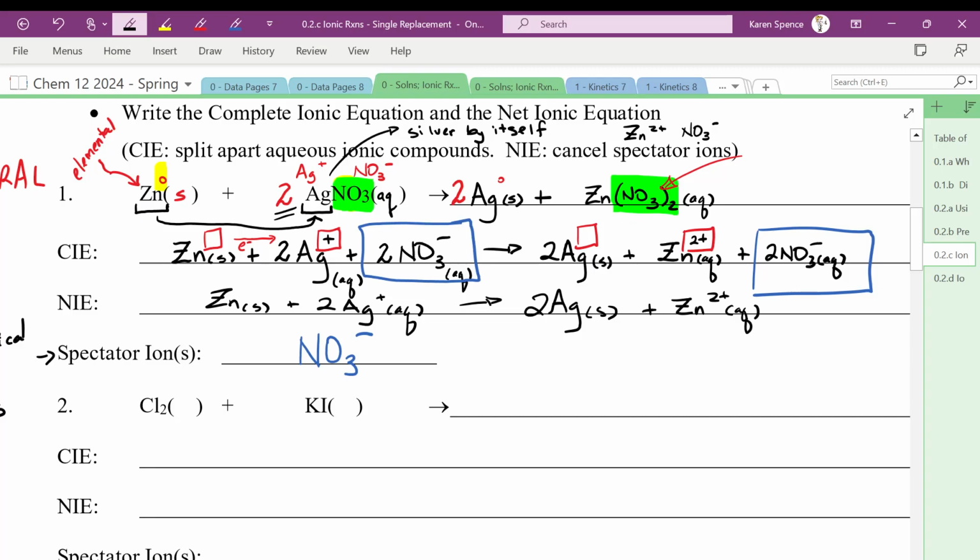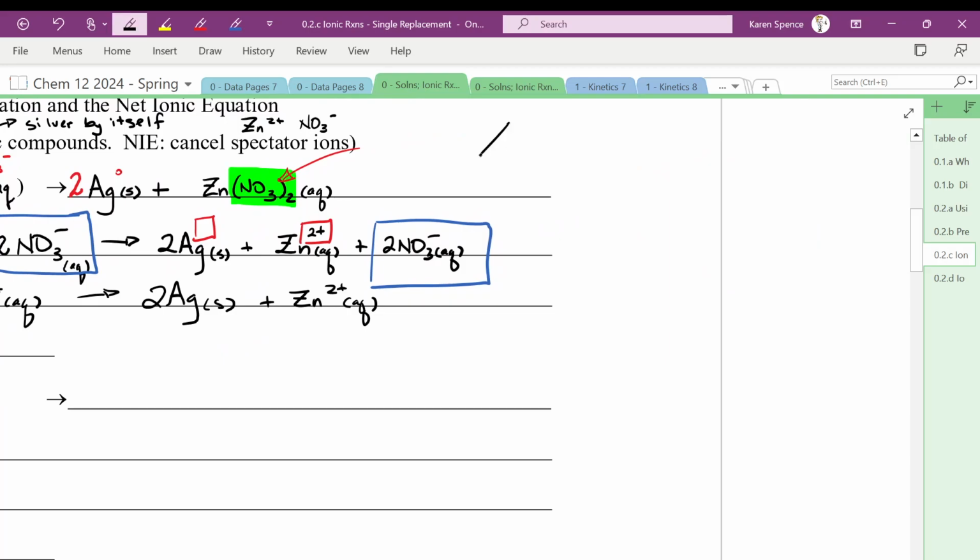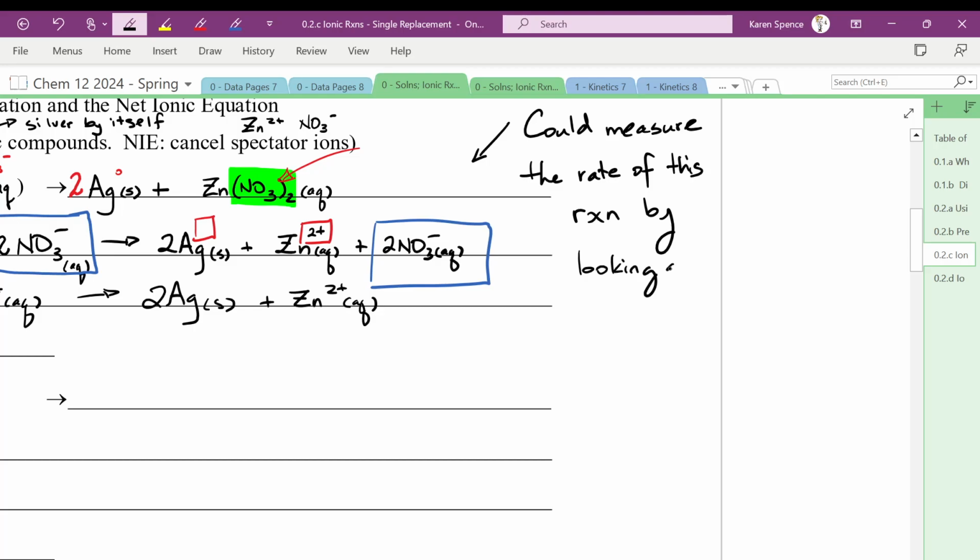The reason that we're focusing on this is because what if I asked you, could we monitor the rate of this reaction by observing the nitrate concentration? Could we measure the rate of this reaction by looking at the change in the concentration of nitrate?